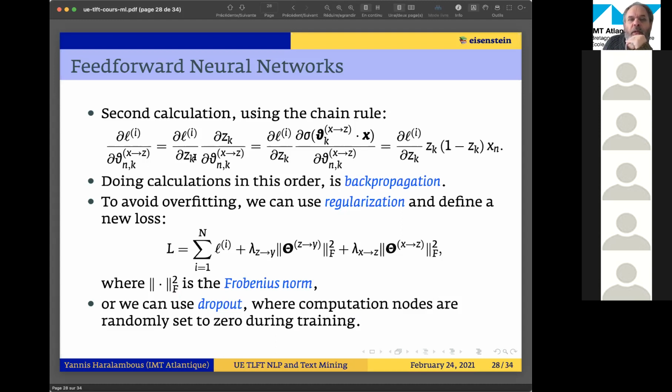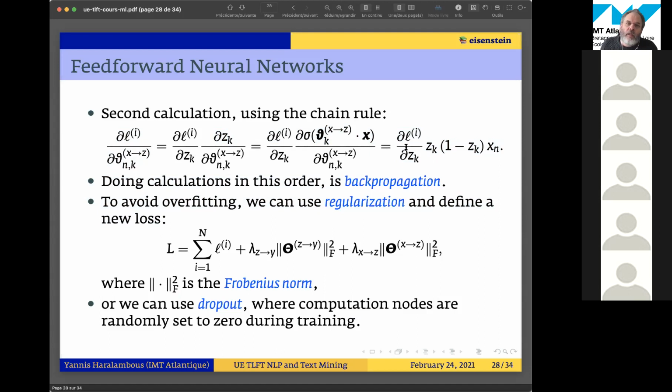And here I apply the chain rule. So I introduce the Z's, and I know the relation between the Z's and the X's, and I get this. So this is something you saw already. It's called back propagation.